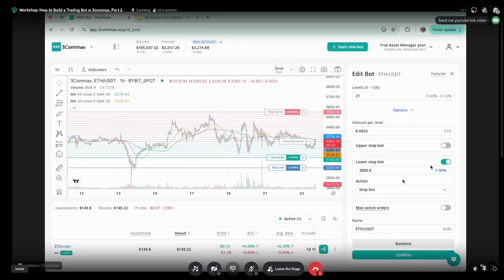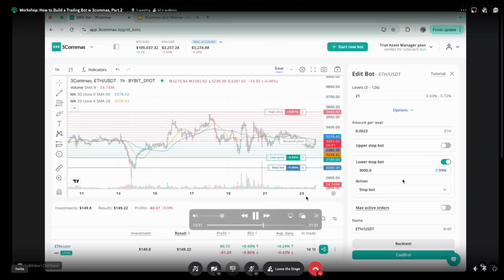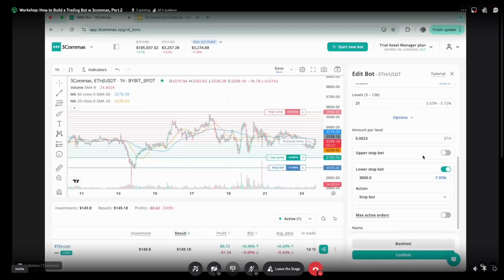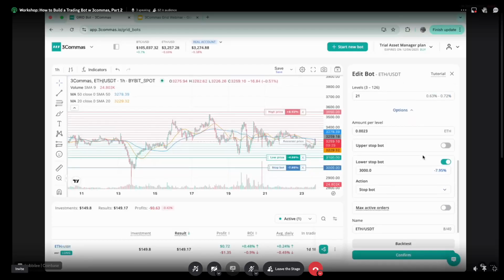And if the price falls much below, with pairs that are not stable coins, or with some meme coins, which happens a lot, it means that you will be sitting with equity which is practically losing value, and you will see just a losing profit. Yes, I think that's pretty much it.